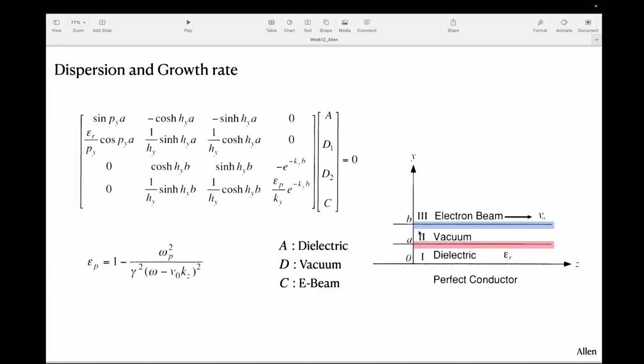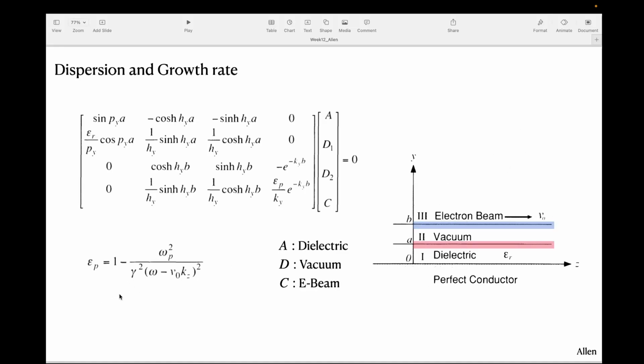And with this boundary condition, we can get linear algebraic equations shown here, where the A, D1, D2, and C correspond to the dielectric vacuum EB region that we have obtained last week, where the EP is the equivalent relative permittivity of this relativistic electron beam.